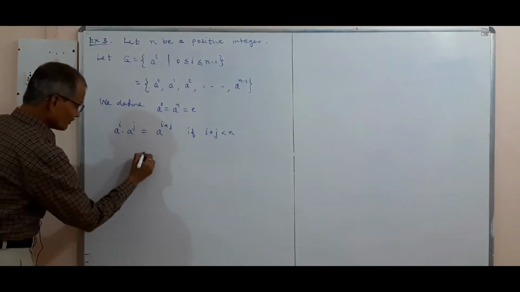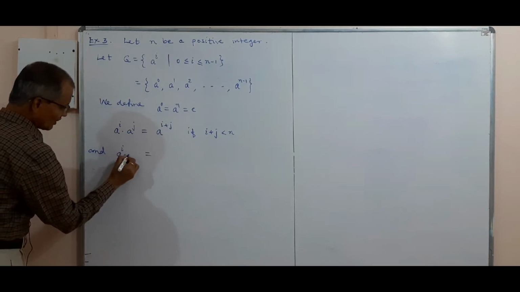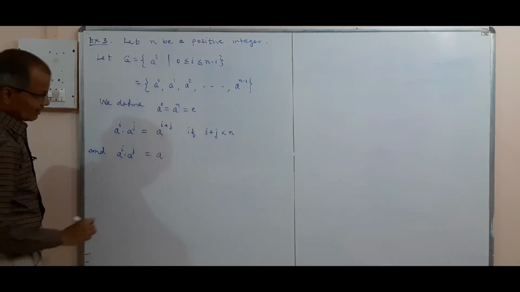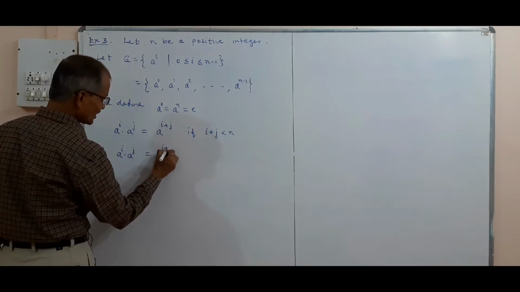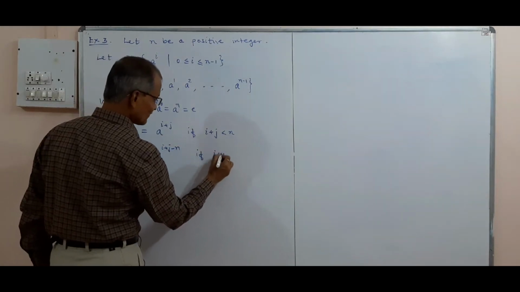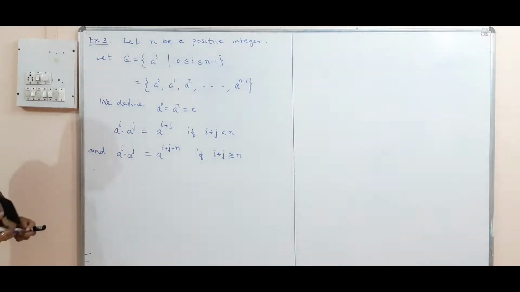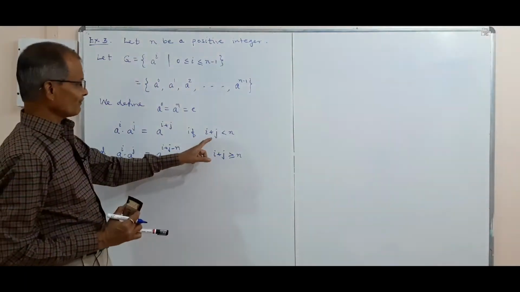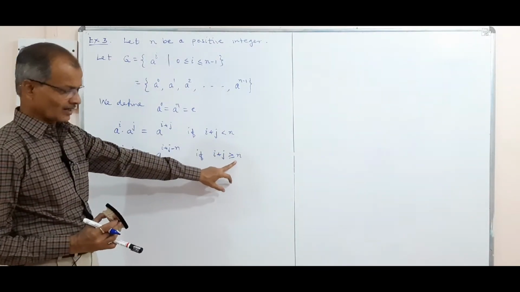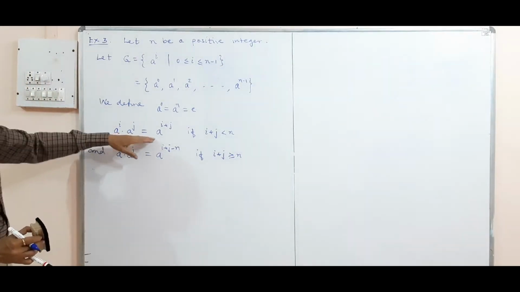And further, a power i into a power j is equal to a raised to i plus j minus n if i plus j is greater than or equal to n. So both possibilities we have considered. The sum of the indices is less than n, and the sum of indices is greater than or equal to n. Then the composition is defined like this.